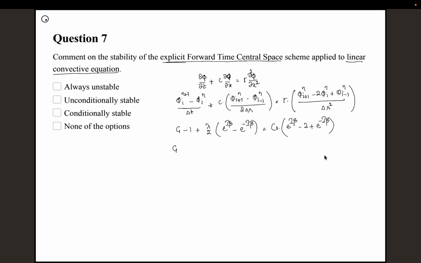So G is going to be 1 minus lambda times e power i beta minus e power minus i beta by 2, which is lambda sine beta, and I have the Coulomb number times 2 cos beta minus 2, and write this as 1 minus lambda sine beta minus 4 times Coulomb number times sine square beta by 2.